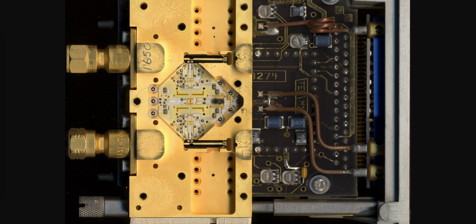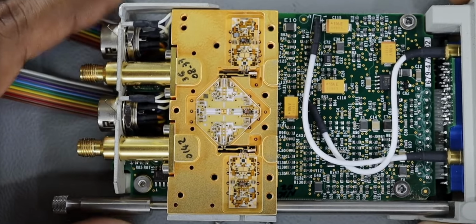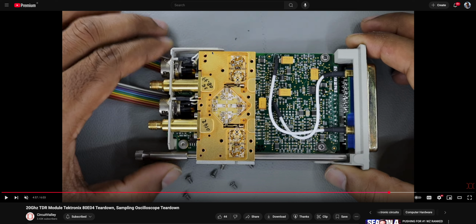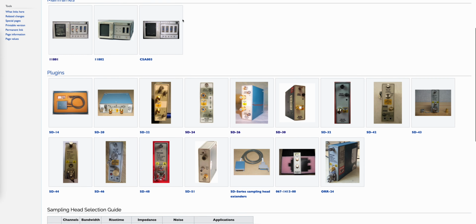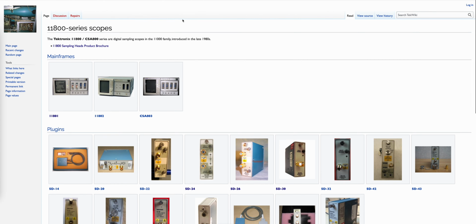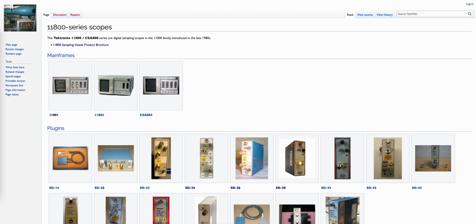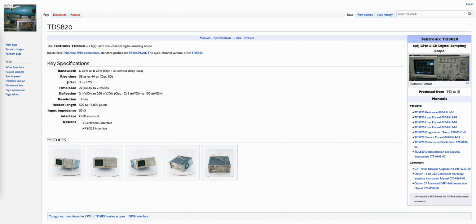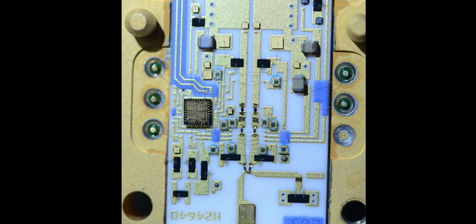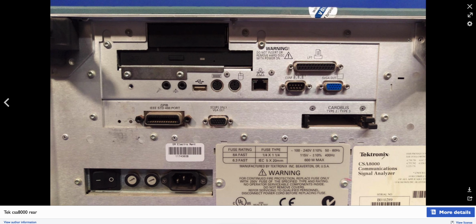This part was empty before. And very similar, just longer. So that makes me think that the sampling head technology between the 11800 series heads and the 8000 is going to be very similar.